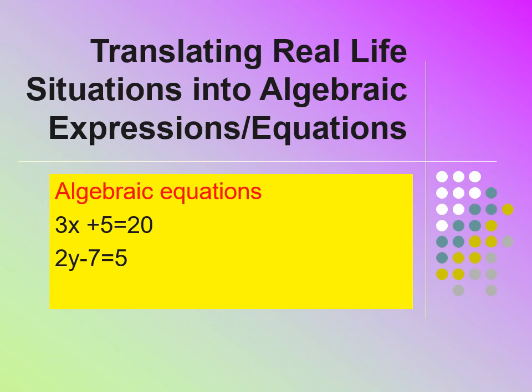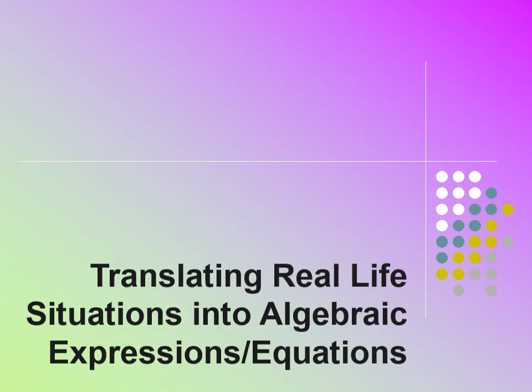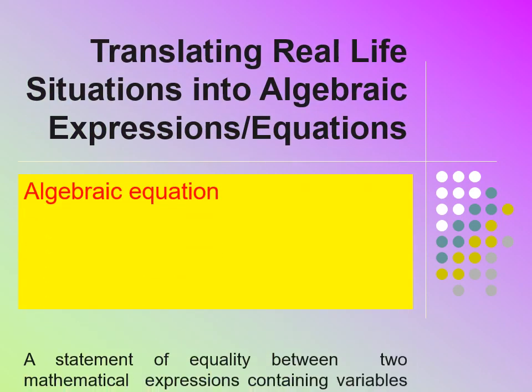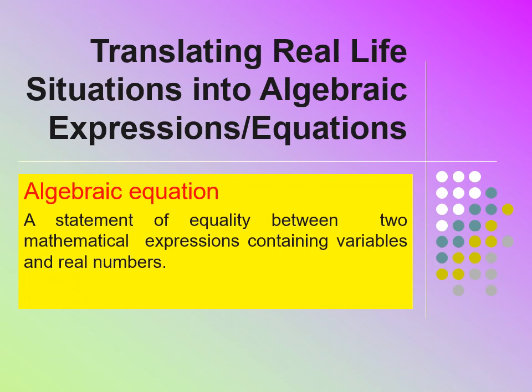You will notice that an algebraic equation contains an algebraic expression with an equality sign. So by definition, an algebraic equation is a statement of equality between two mathematical expressions containing variables and real numbers.